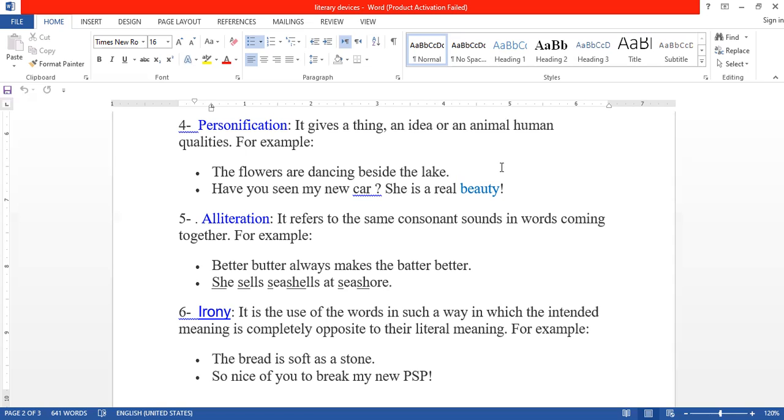Is it clear? Yes. When we said the example, the flowers are dancing beside the lake, does the flower dance in reality? No. But when we write, for example, within a short story or a novel or a poem, you find that the flowers are characters.